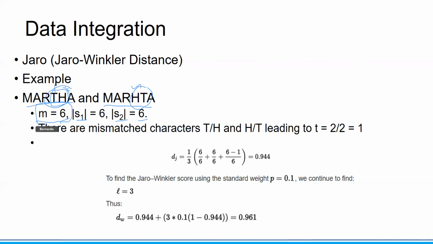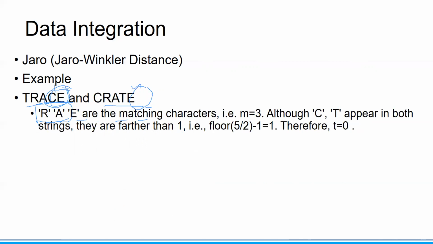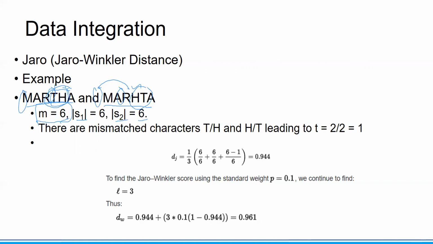For example, in the T and C case, they are already far apart, so we cannot say they are the same match. If you look on Google, with a difference like HT and TH, they are still considered the same, and Google can revise according to this mistype.